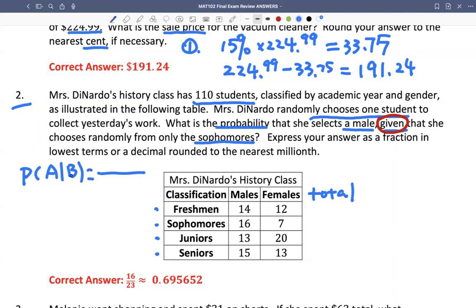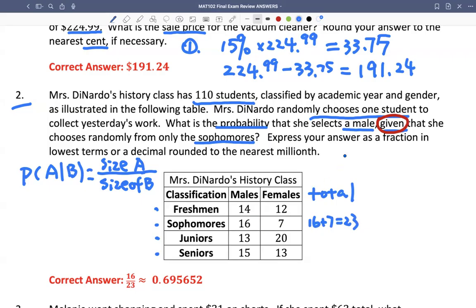The size of B is the denominator, and the size of A, actually we should say cardinal number or cardinality, so cardinality of A divided by cardinality of B. So we need a total. How many sophomores? We have 16 males and 7 females, so sophomores is 16 plus 7, which is 23.